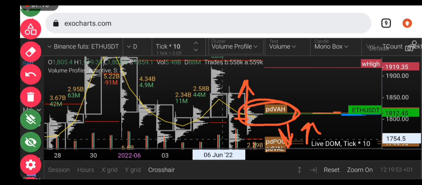And because of COVID-19 supply chain issues, price moved up to $600, $700. Where do you think price will go back when supply chain issues have been sorted out? You may guess it right. It will go back to the point of balance, or the point where price spent most of the time.